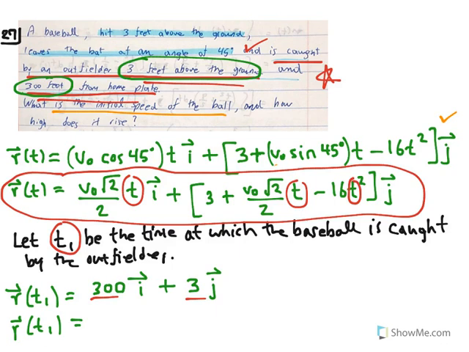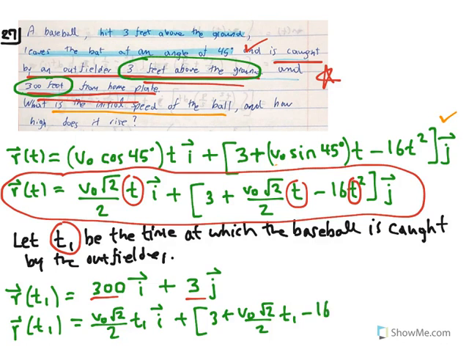So the horizontal component will be v naught square root of 2 over 2 t sub 1 i, and the vertical component will be 3 plus v naught square root of 2 over 2 t sub 1 minus 16 t sub 1 squared j.